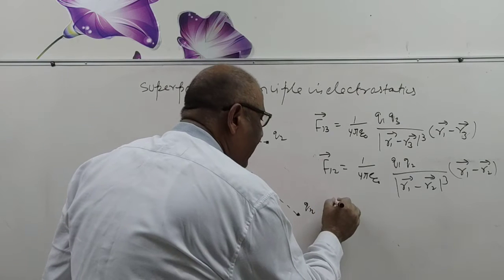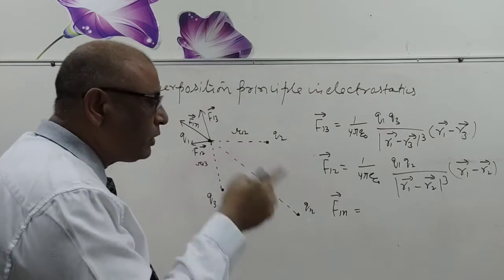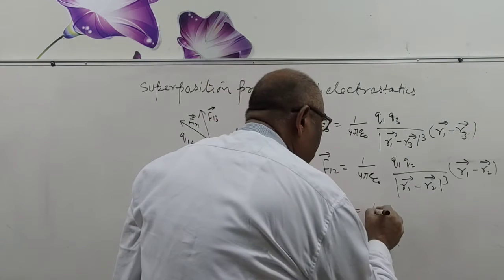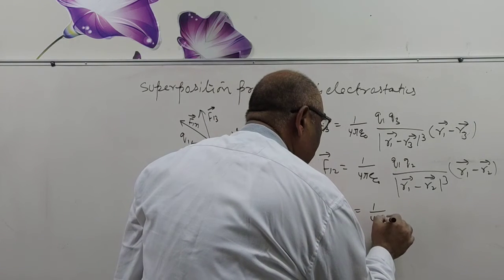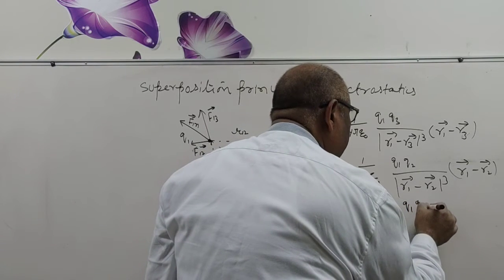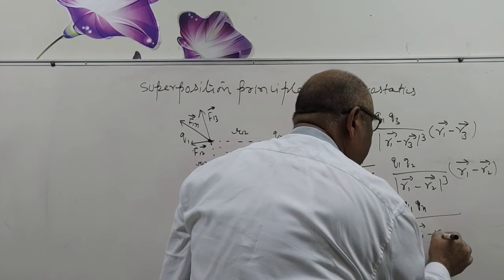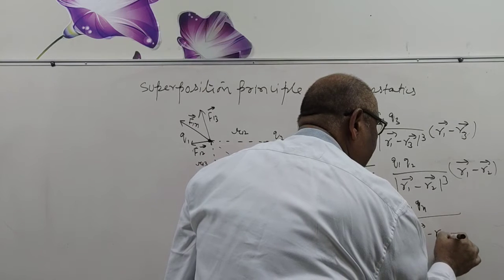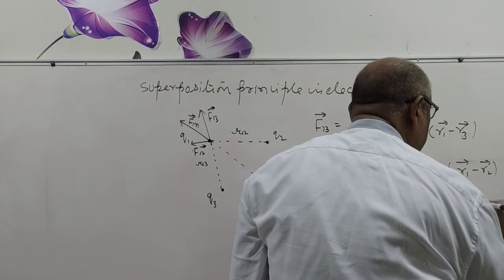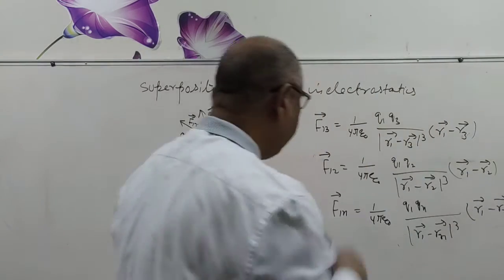So the vector F1n, the force on Q1 due to charge Qn, equals 1 upon 4 pi epsilon naught, Q1 Qn, times the vector R1 minus vector Rn, divided by the modulus of R1 minus Rn cubed.